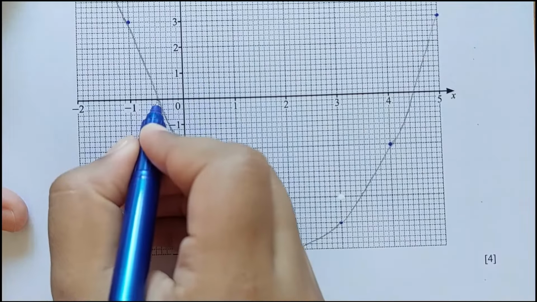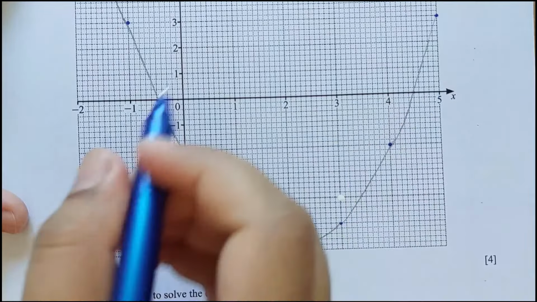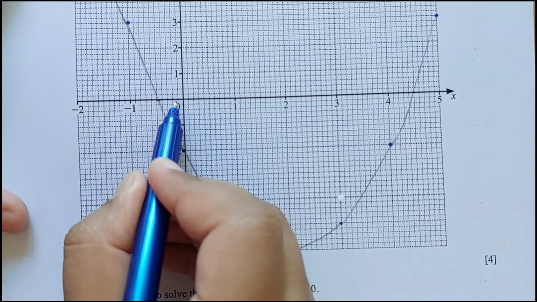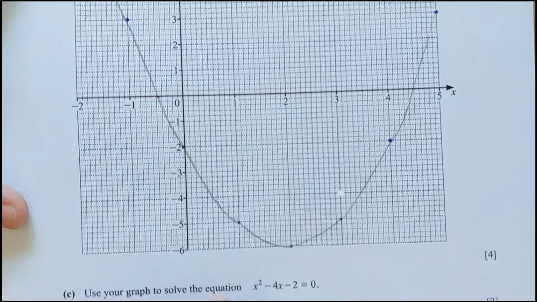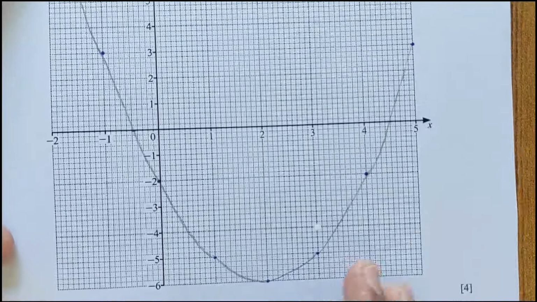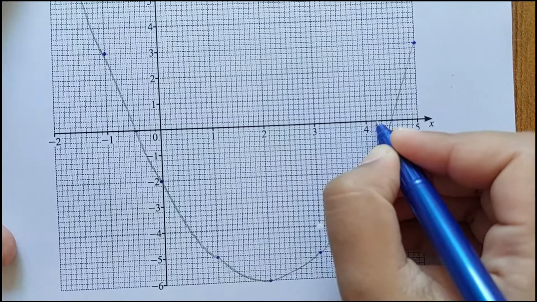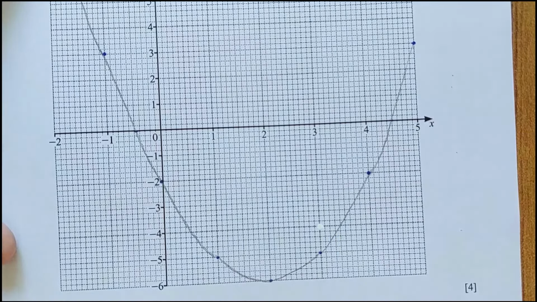This is a solution and this is a solution. Let me check: 0.1, 2, 3, 4, 5. So negative 0.5. And the other is 4.5.